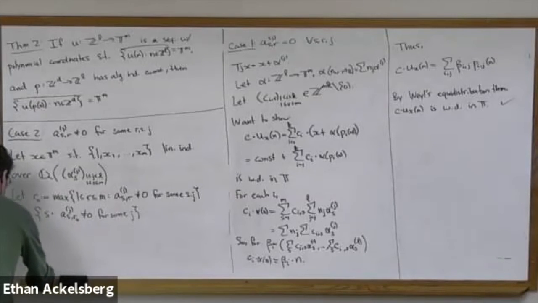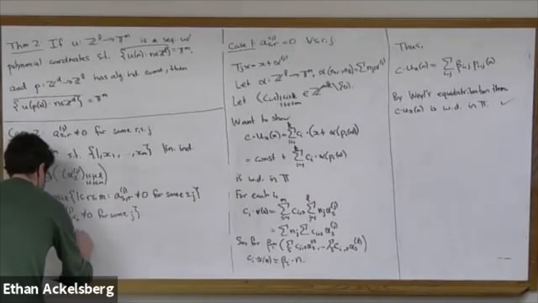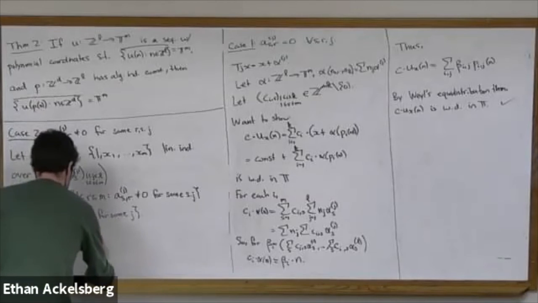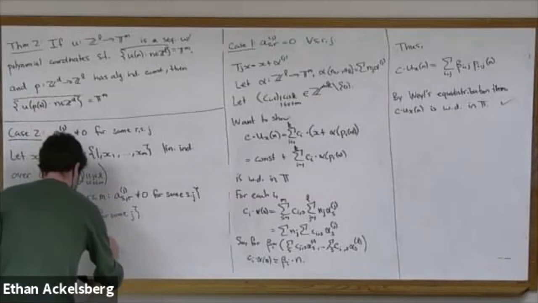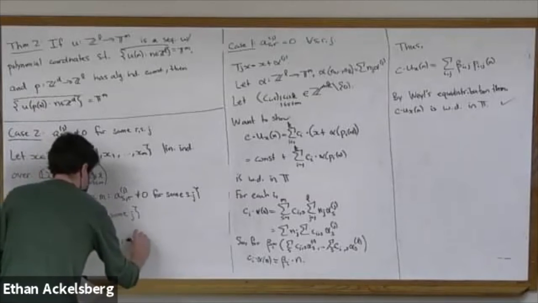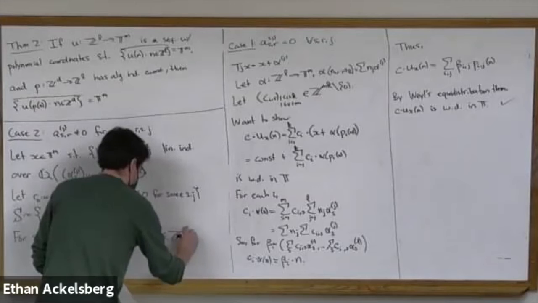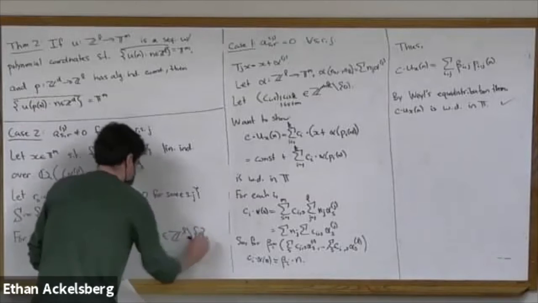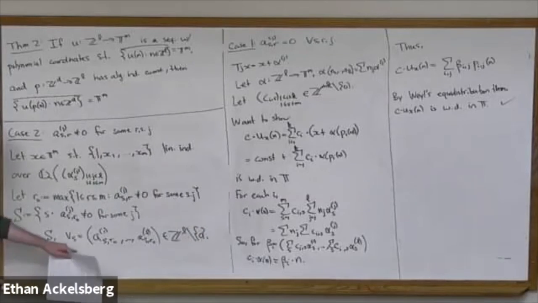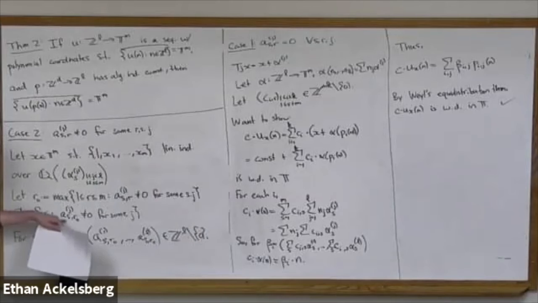For any s in capital S, I'll have v_s as the vector a_sR0,1 up to a_sR0,L. And so this is some L-dimensional vector, and it's non-zero because being an s means that one of the a_sR0j is not zero.